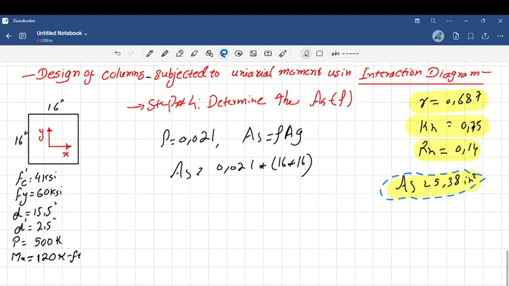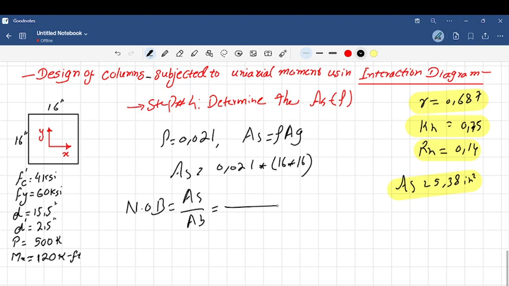Let me shift this. So these were all the things we needed, and we only need to determine the number of bars right now. Number of bars equals As divided by Ab. So equals 5.38 divided by Ab. Let's assume number 8 bars. Number 8 bars have 0.785 square inch area.